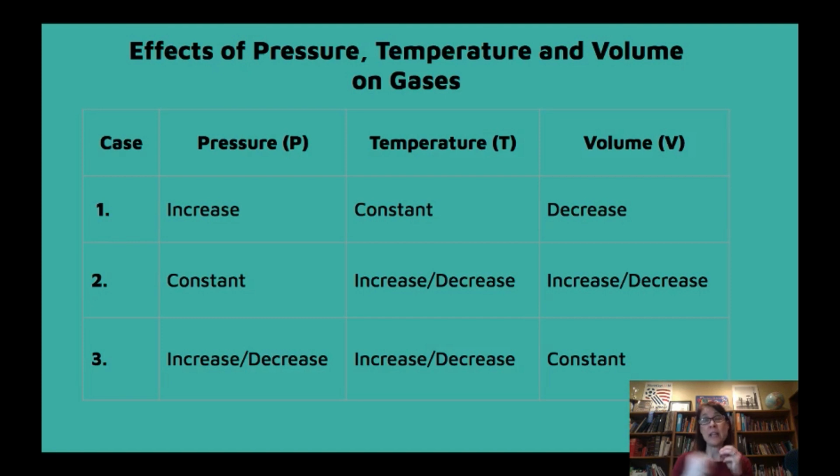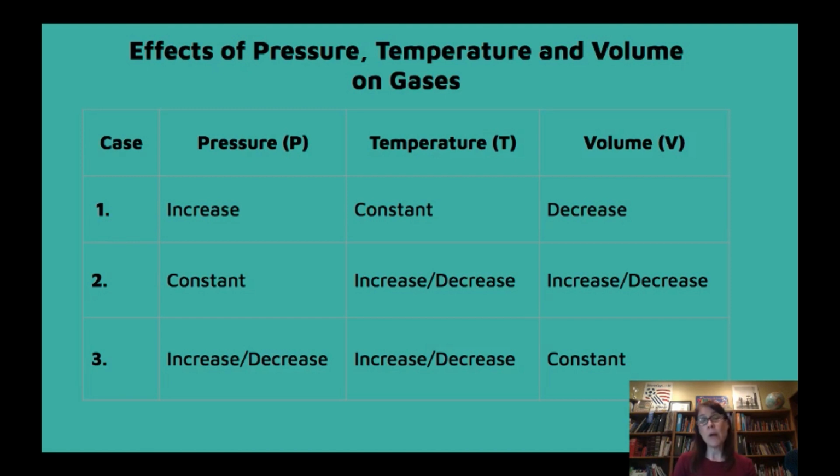And as they move more rapidly, there's going to be more collisions with one another and with the sides of the container. We don't want to increase pressure. We want to keep pressure constant. So to keep pressure constant, the volume of the container is also going to have to increase. That's an example of a direct relationship, where one increases, the other increases as well.